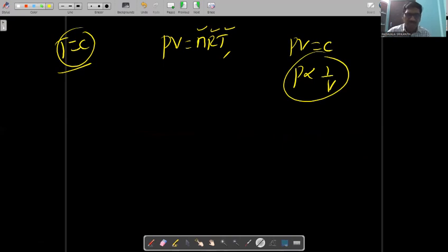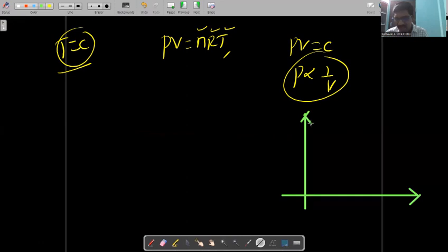If you plot a graph of pressure in terms of volume, when volume is increasing, pressure is reduced, or when pressure is increasing, volume is reduced.